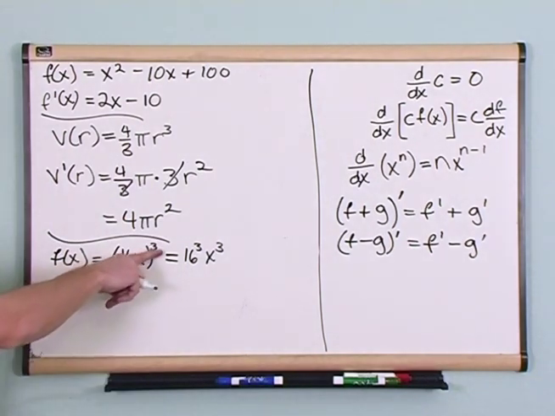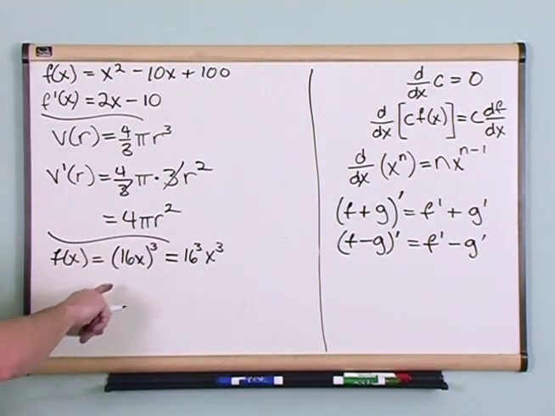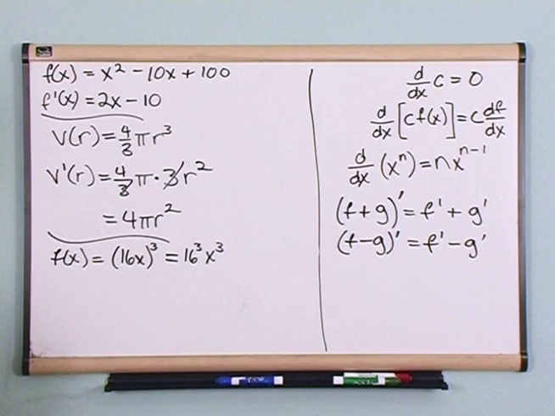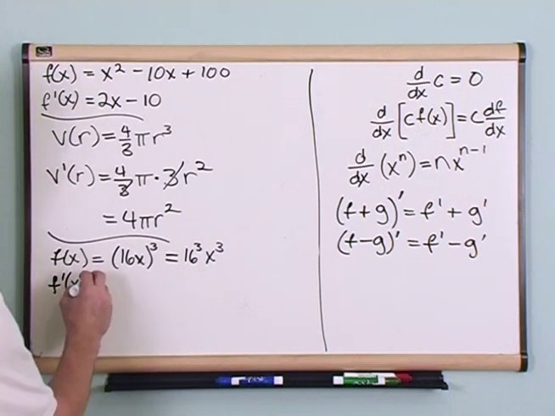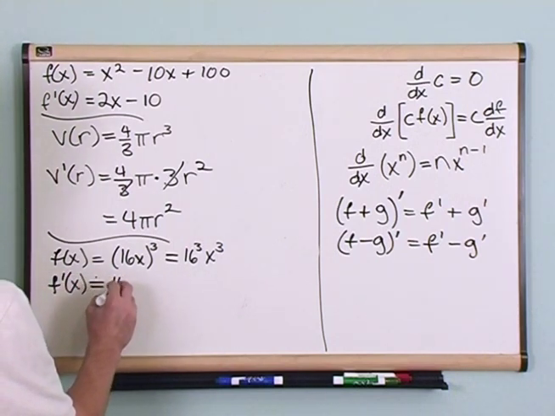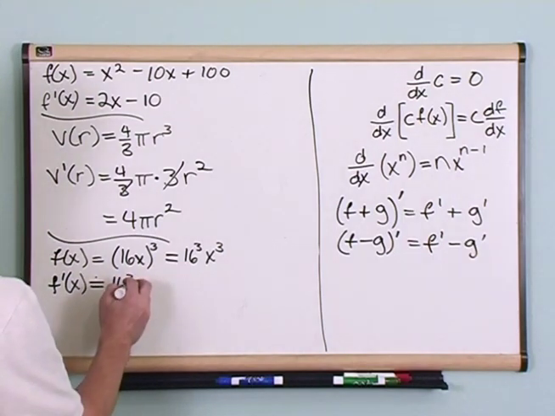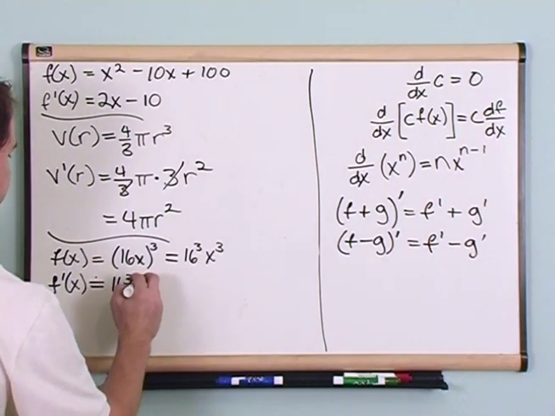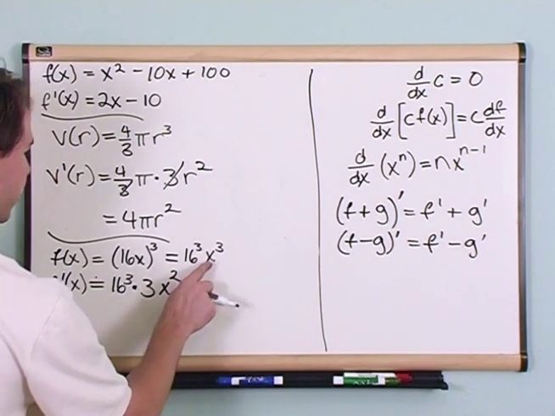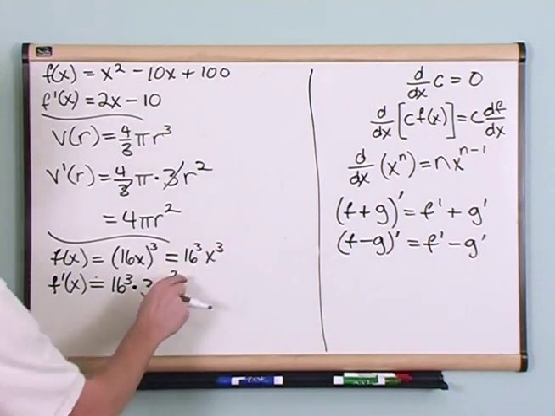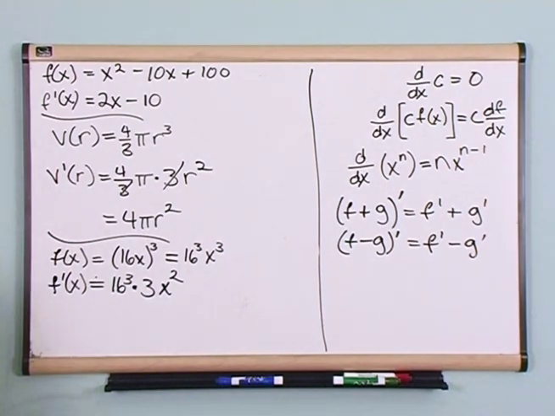Because when you have an exponent outside, you just distribute that exponent in. Now when you take the derivative here, 16 to the third power is just a constant, times 3, which comes out of the exponent, and then you'll have x squared left over because you'll have x and then 3 minus 2 is 1, taking that derivative there.